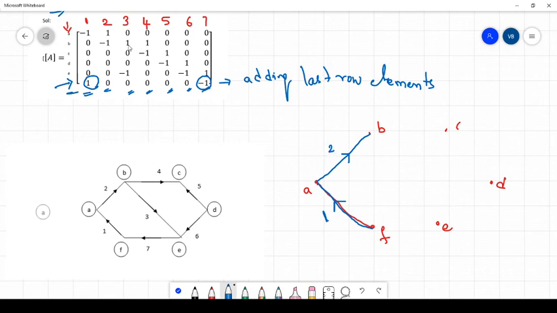Next, the third branch is connected between B as well as E. Here is the B node and here is the E node, so just join those two. The E value is negative, so that branch is towards the E node. That is the third branch.